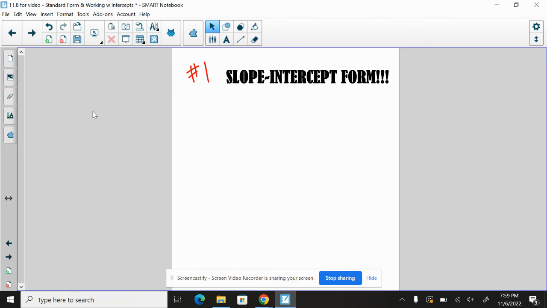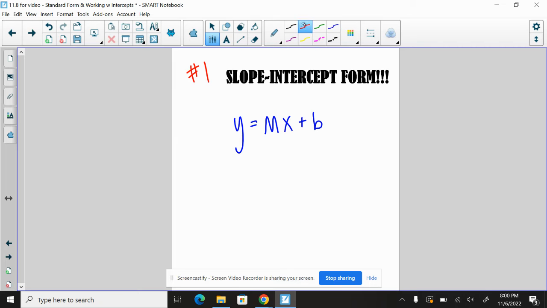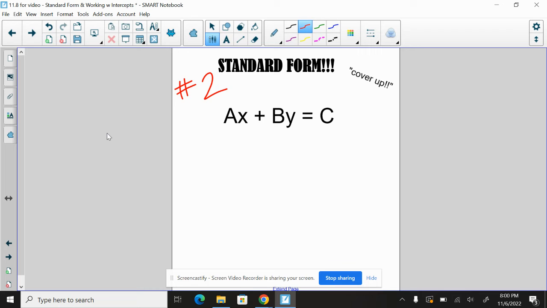When you are faced with an equation that looked like this, y equals mx plus b, this was slope-intercept form, right? You started with your b, and then you used your slope to rise and run and get your next points. But now, when you are given something that looks like this, this is our second type of equation.